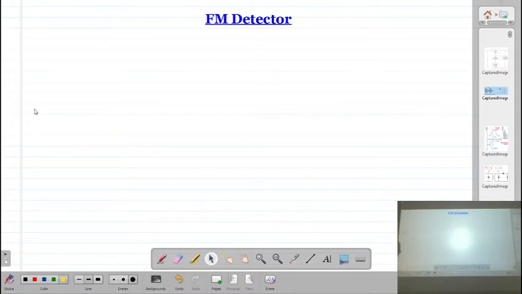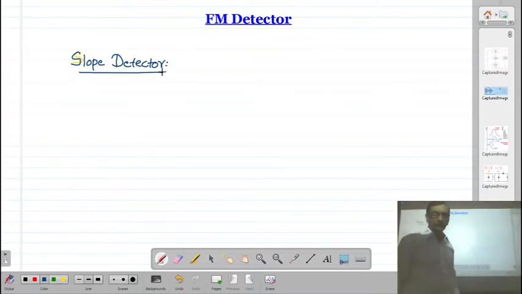So the simplest FM detector is known as a slope detector.